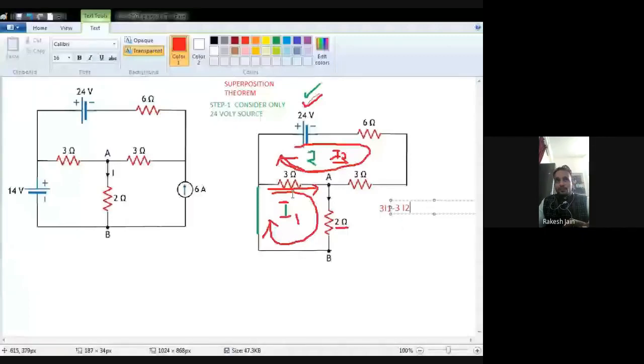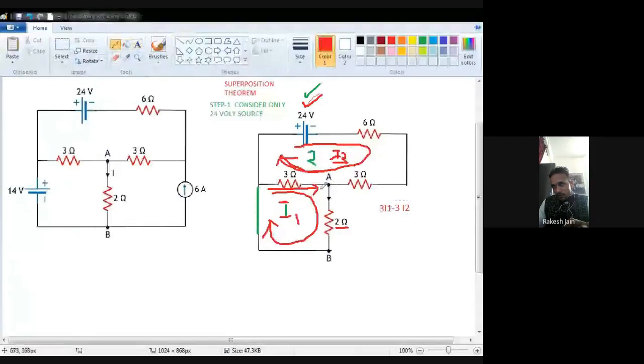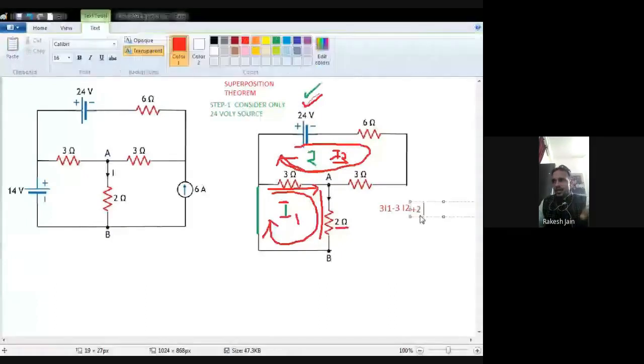Let's suppose this current is I1, because this is our first mesh, so I denote it by I1. And this is in the same direction, so clockwise also. Now this is my second current, I2.